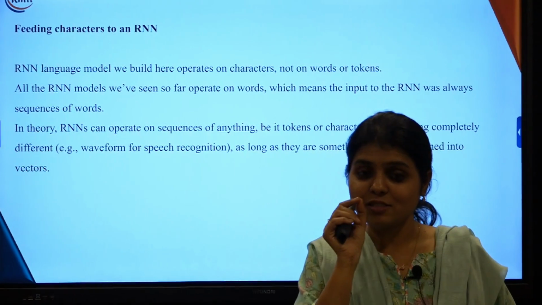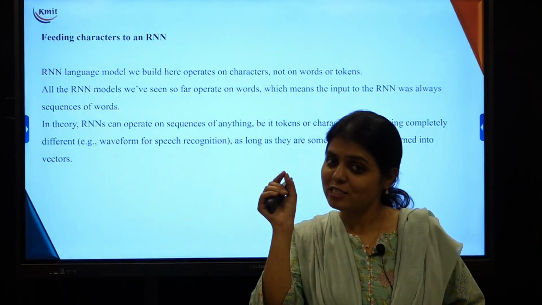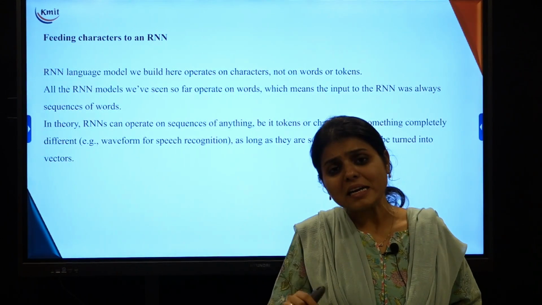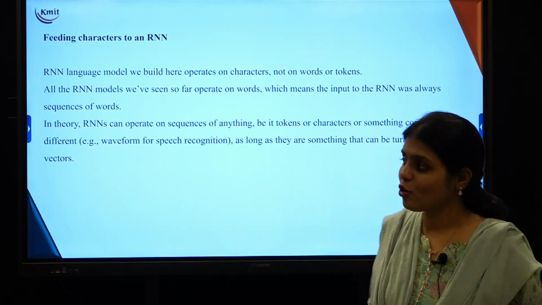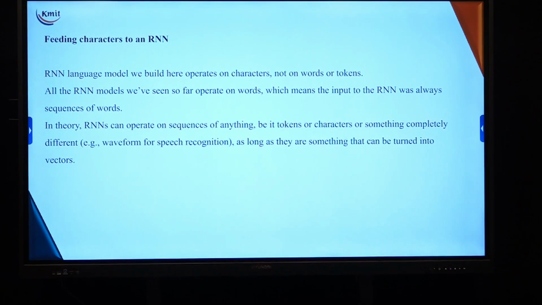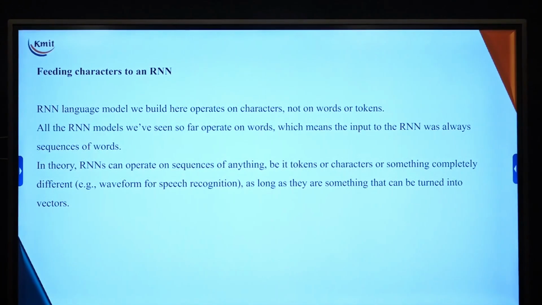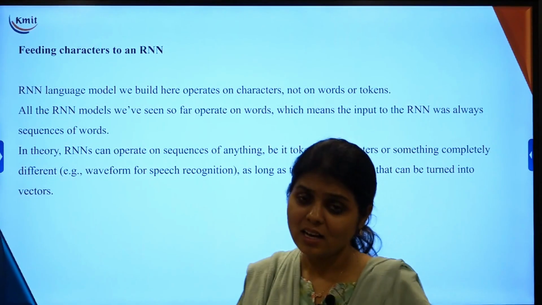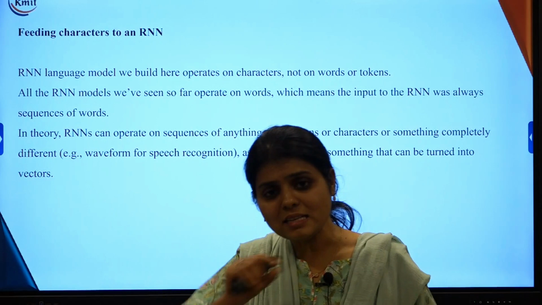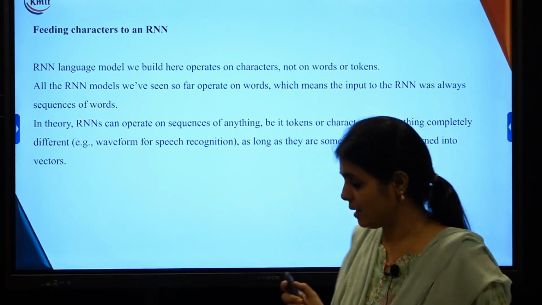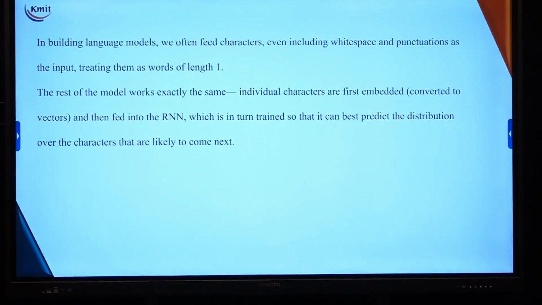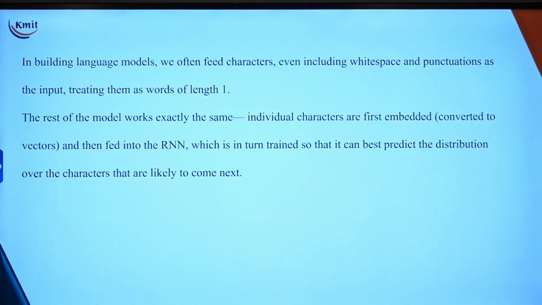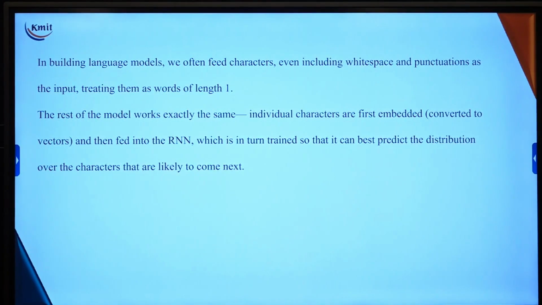RNNs can accept waveforms as inputs, as long as there is something that can be turned into vectors. If I convert the words, tokens, characters or waveforms into vectors, I can process anything in sequential order using RNNs.